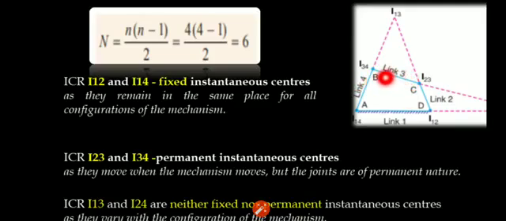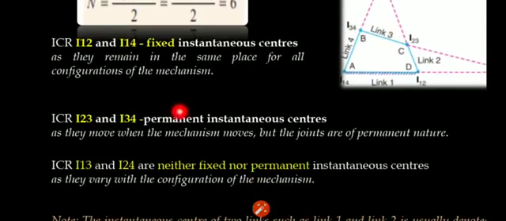They do not remain at a particular position always. As the configuration changes, their position also changes, but it is always at a pin joint between the two links. That's why these are called permanent instantaneous centers.